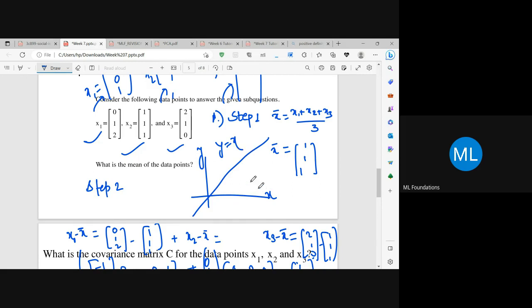You have to do the projection of this point on the line y equals x. So this will get projected on this line in terms of 2 dimensions itself. But what we are doing is transferring from 2 dimensions to 1 dimension on y equals x, right? So you are getting the point in the form of 2 dimensions, but what exactly I'm doing is transferring from 2 dimensions to 1 dimension itself. Is it correct or not?